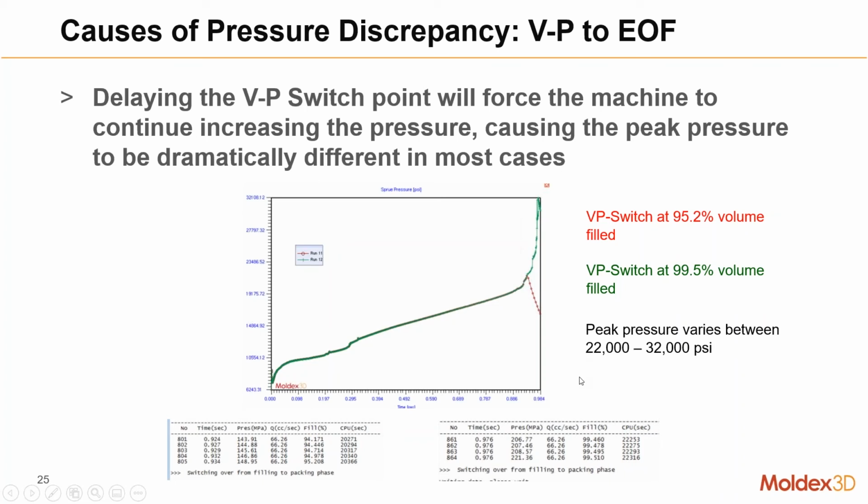And this can be actually a very big problem. Even a difference of maybe 0.5% or even a difference of 0.1 seconds can cause a very big difference in the maximum pressure that you're seeing between simulation and reality. So this VP switch point is actually very important to make sure that you're having this switch happen at the same time between simulation and reality.